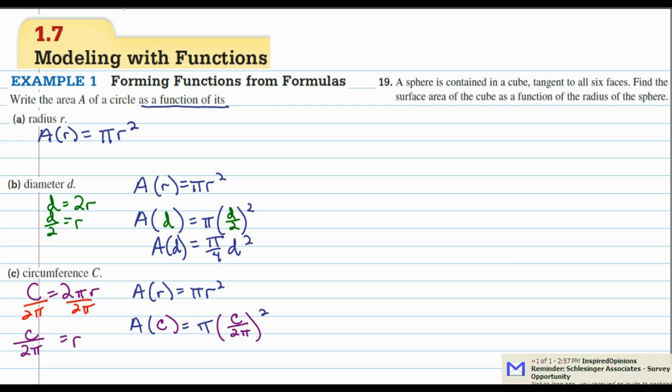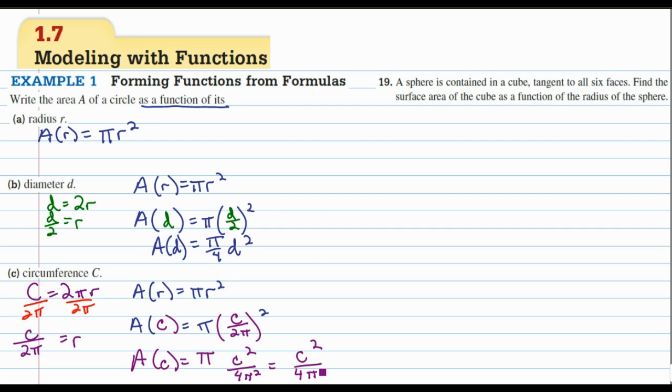And I can expand this out to be A of C equals, okay, so pi is going to stay here. That would be C squared over 4 pi squared. So simplified, one of the pi's would cancel out. So C squared over 4 pi is the area as a function of its circumference.